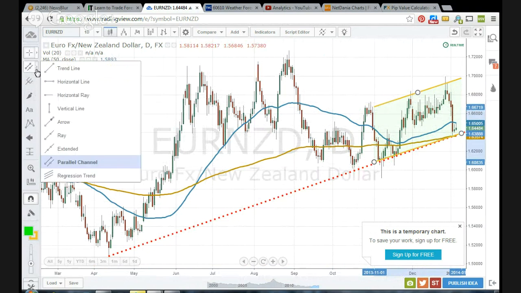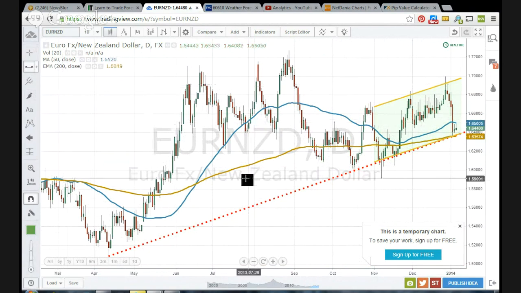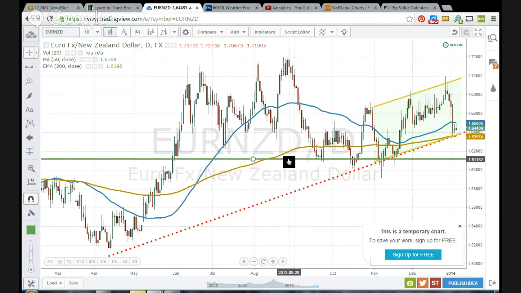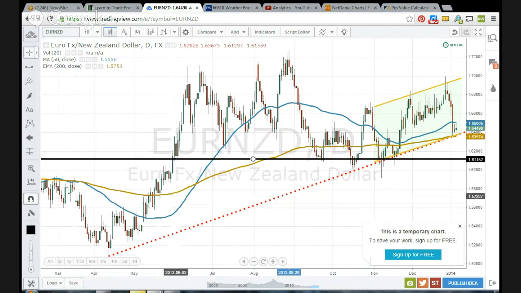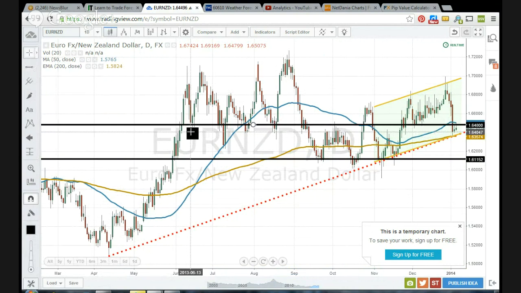Let's see if there is a level we could enter at, or a decent trade setup here. The first horizontal support level that sticks out is here. Let's make that black. There's another one here, right?